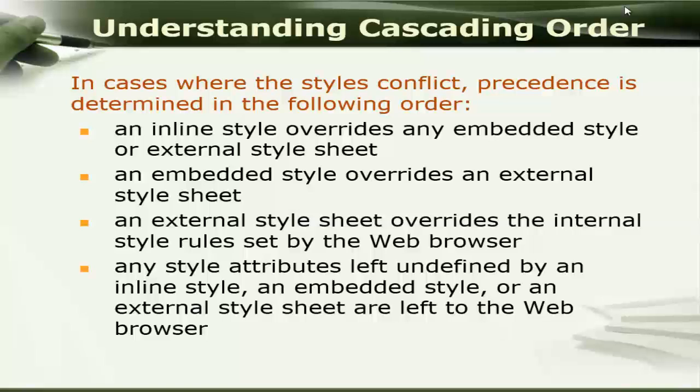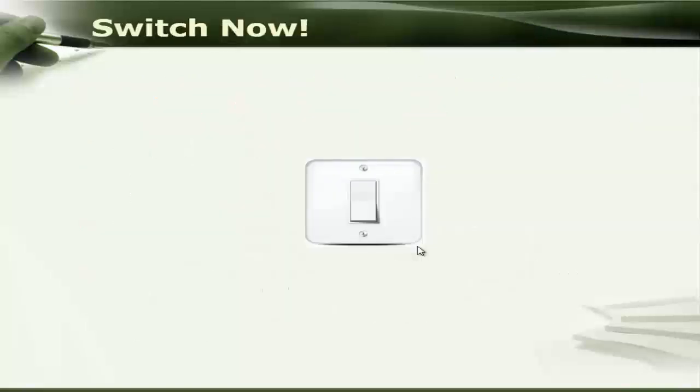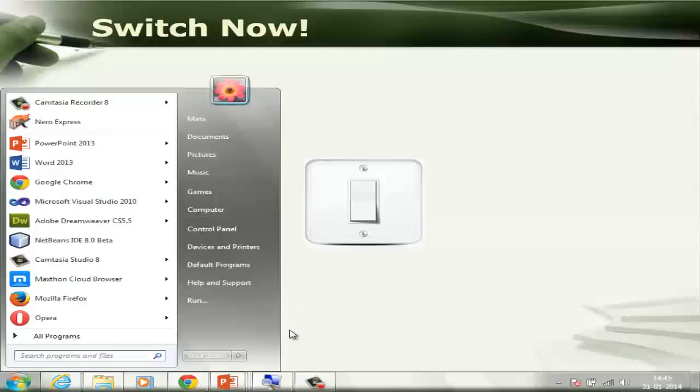So just to summarize, inline overrides the embedded style, embedded will override the external, external will override the browser default. Okay. If for any of them you don't specify the inline, internal or external, browser defaults will be used. So I will switch back to the PHP.